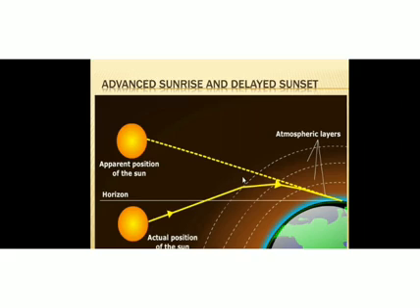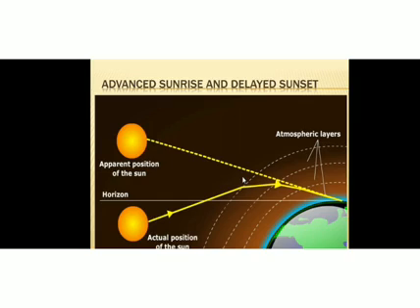Another phenomenon which can be related to atmospheric refraction is advanced sunrise and delayed sunset. You know, it sounds interesting. The sun is visible to us about 2 minutes before the actual sunrise. Suppose the sunrise occurs at 6 o'clock in the morning. It is visible to us at 5:58. That means 2 minutes just before the actual sunrise.